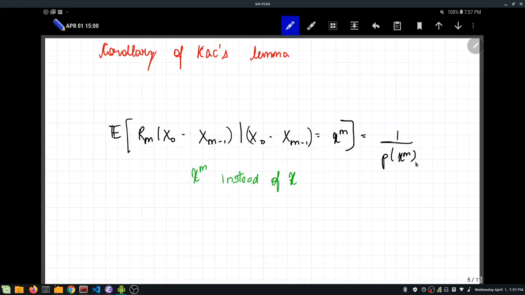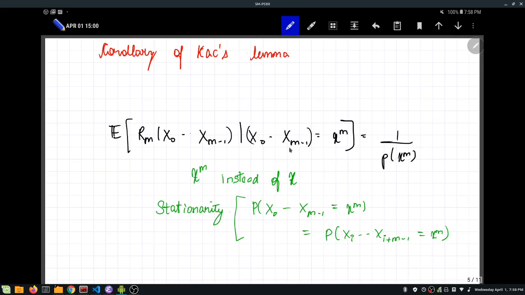And note that this is a stationary and ergodic process, so the probability that x0 to x_{m-1} equals a given block is the same as the probability that x_i to x_{i+m-1} equals that block, simply because the process is stationary.